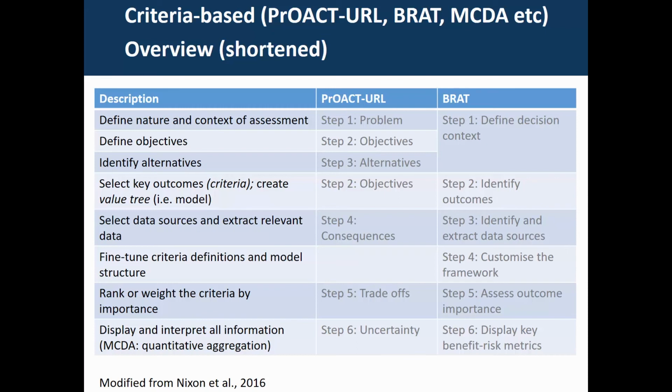So it's just a slightly different terminology. Then in the next step, one is supposed to select data sources and extract relevant data. Further, to fine-tune the criteria definitions and the model structure. And then to rank or weigh the criteria by importance. And this is where the desirability dimension is being considered.